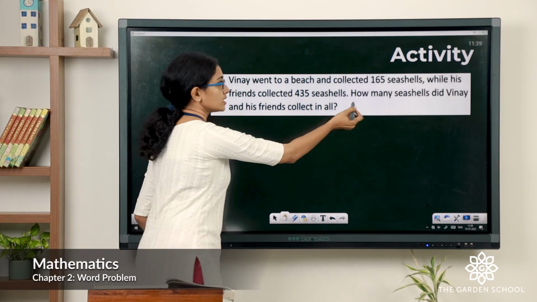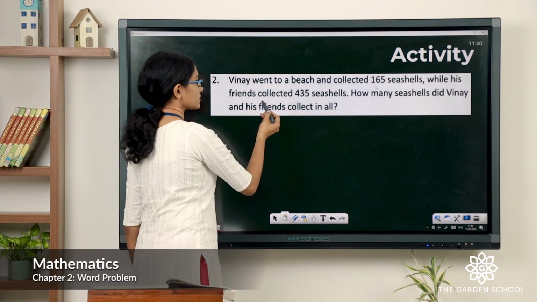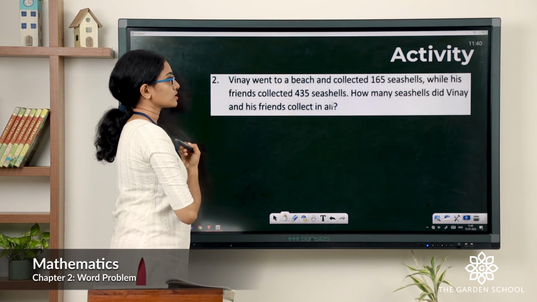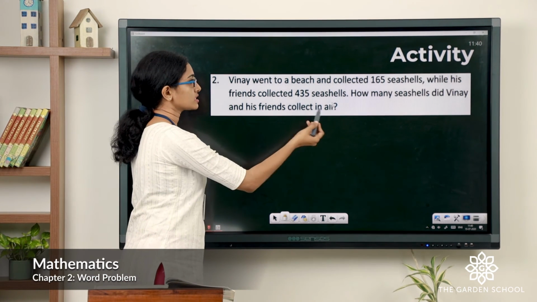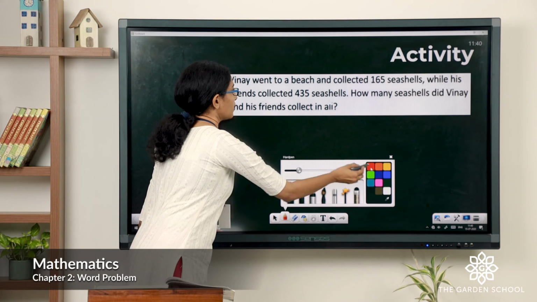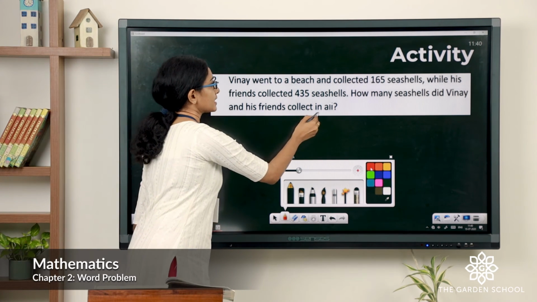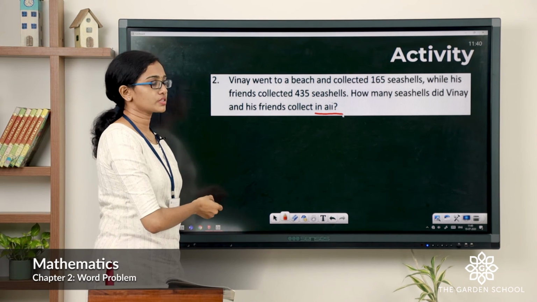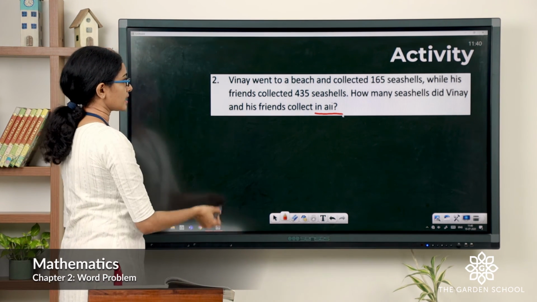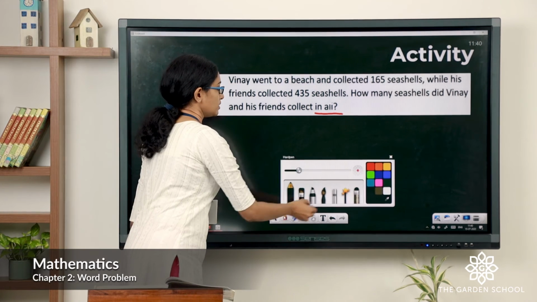Vinay collected this much seashells and his friends collected this much seashells. Let's identify the keyword here. How many seashells did Vinay and his friends collect in all? So, in all means it's an addition operation. So, let's extract the data from the question.